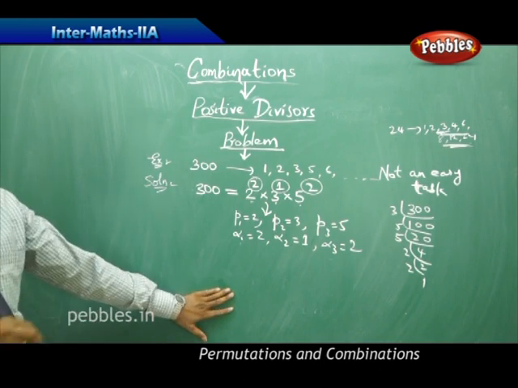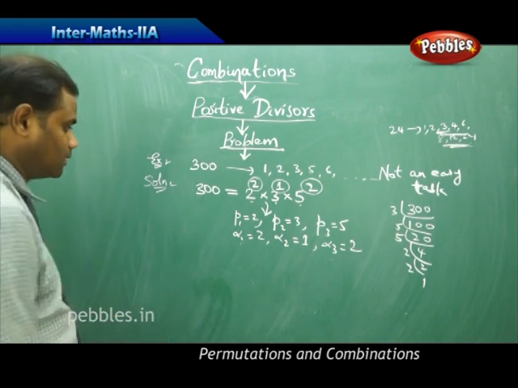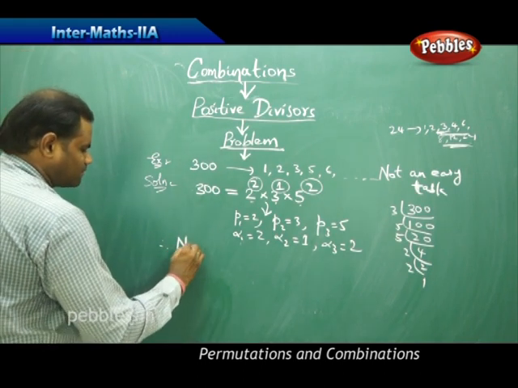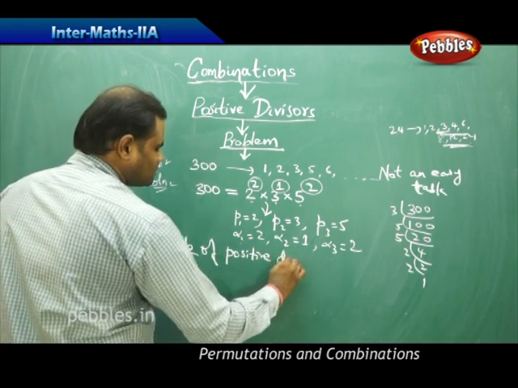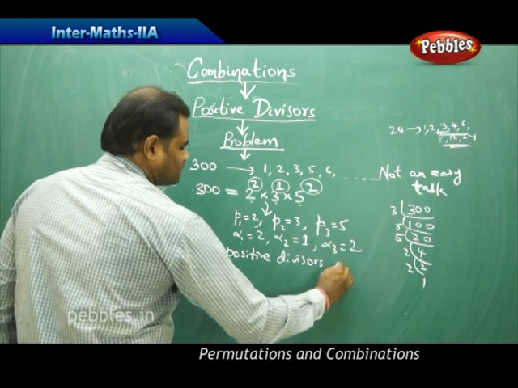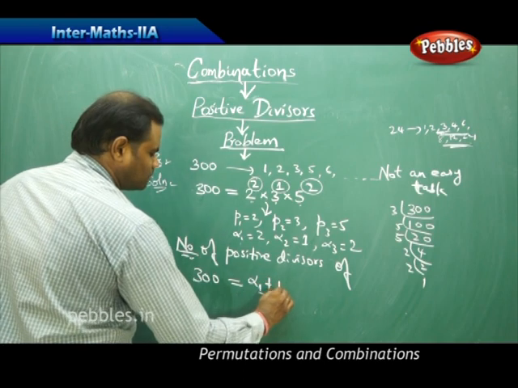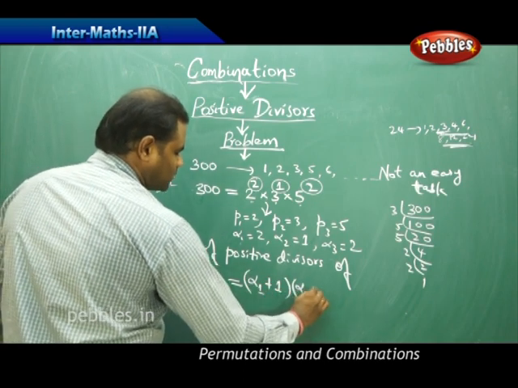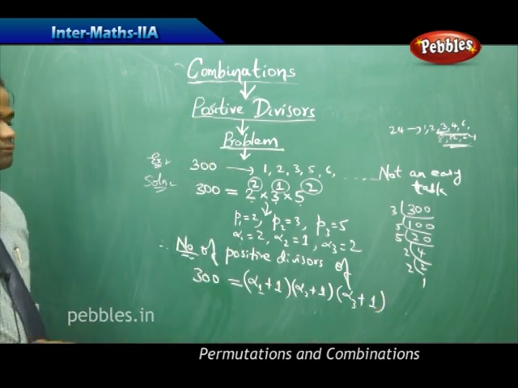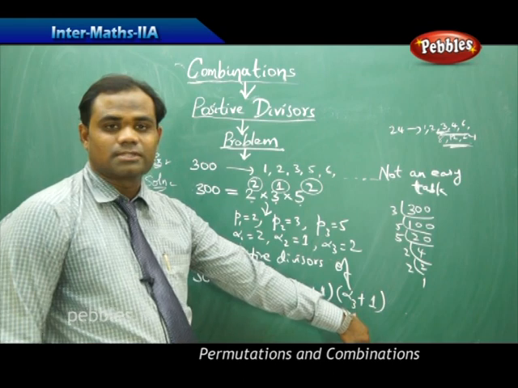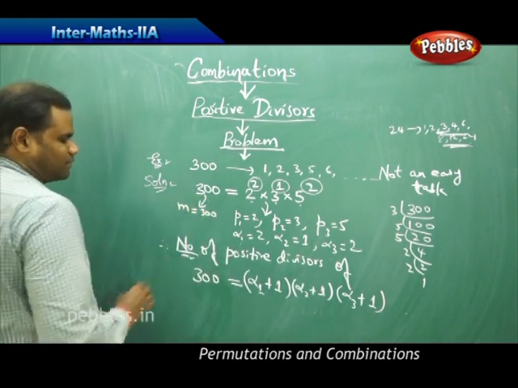Now, to find the number of divisors which are both trivial and non-trivial, the number of positive divisors of 300 is given by alpha 1 plus 1 times alpha 2 plus 1 times alpha 3 plus 1, which stops at alpha 3 because k is 3, and here m equals 300.